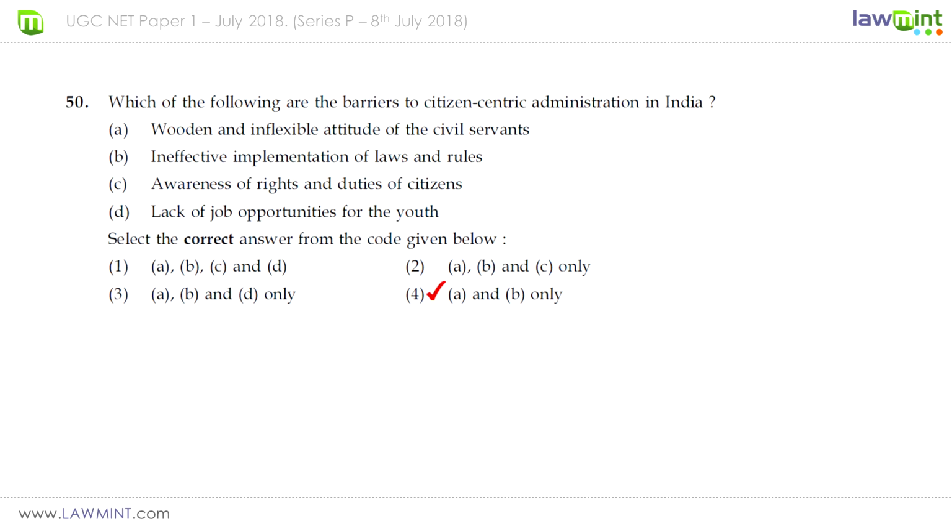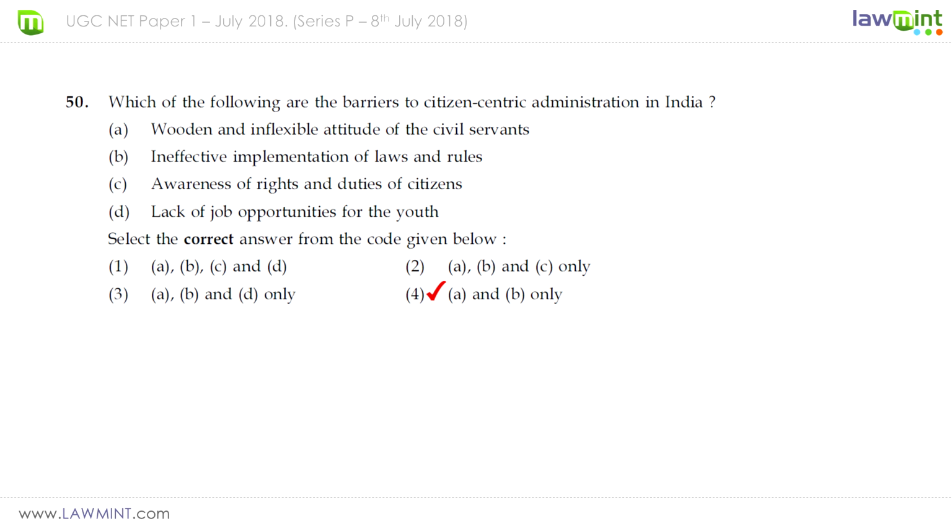The last question, question number 50, asks us which of the following 4 are barriers to citizen-centric administration in India. Now, D, that is lack of job opportunities to the youth, is a result of the lack of citizen-centric administration and not a barrier. So we can eliminate that.